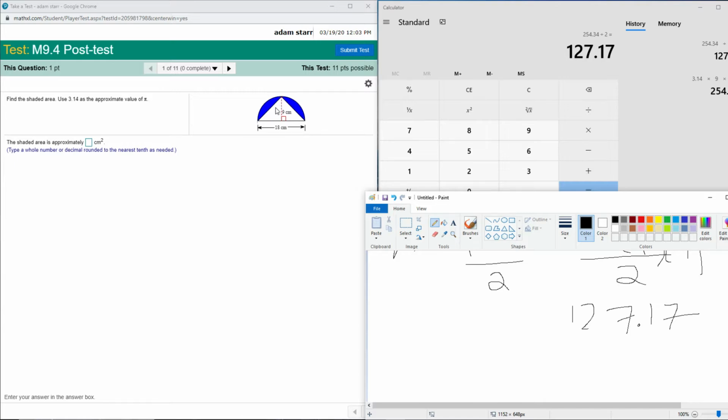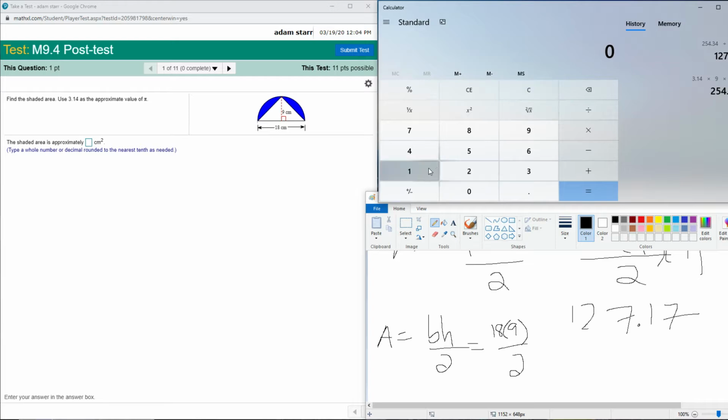That is the area of the full semicircle, but we just want this shaded region, which means we have to get rid of the area of this triangle to get the two shaded regions here in blue. So now I'm going to find the area of the triangle, and the area of a triangle is base times height divided by 2. My base is 18, my height is the 9, and I'm dividing that by 2.